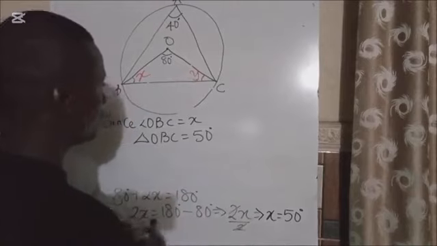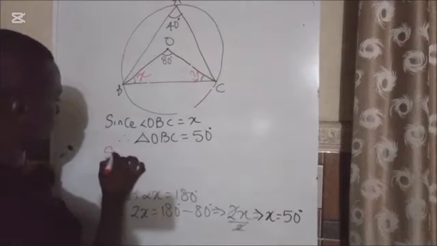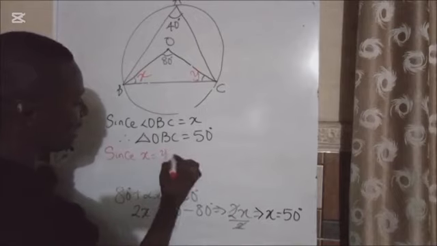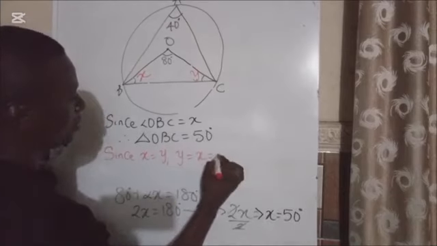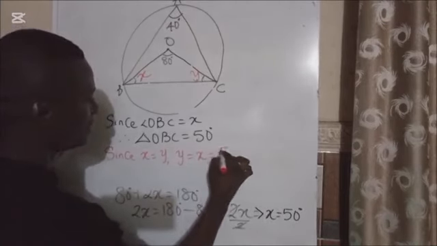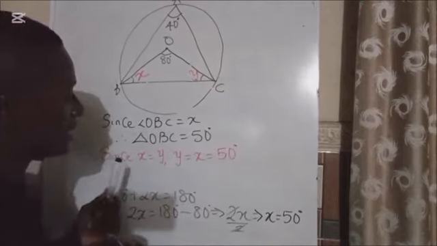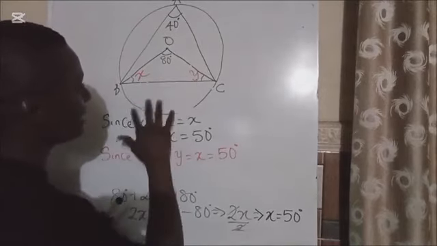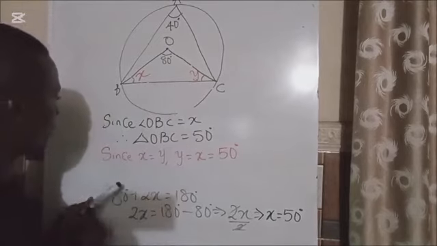So since x is equal to y, this implies that y is also equal to 50 degree. The reason for that is because both angles are equal base angles of an isosceles triangle.